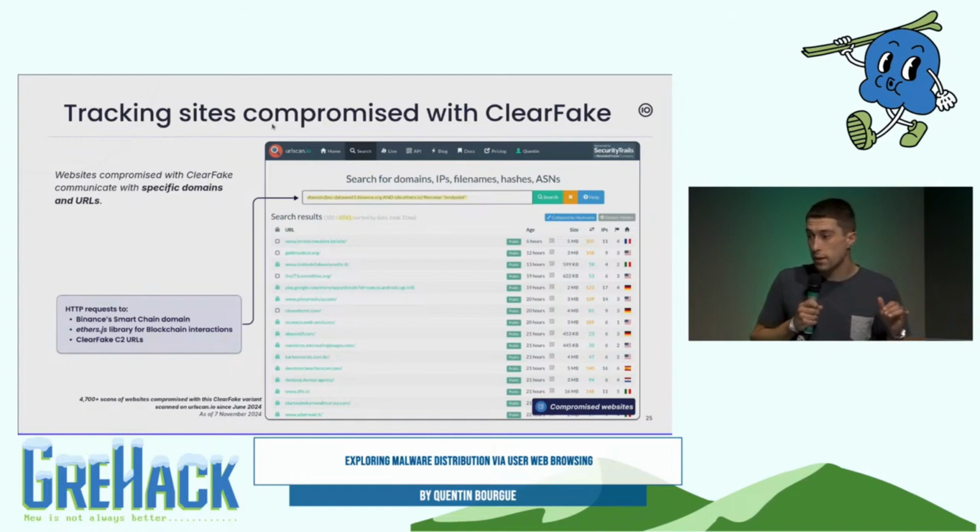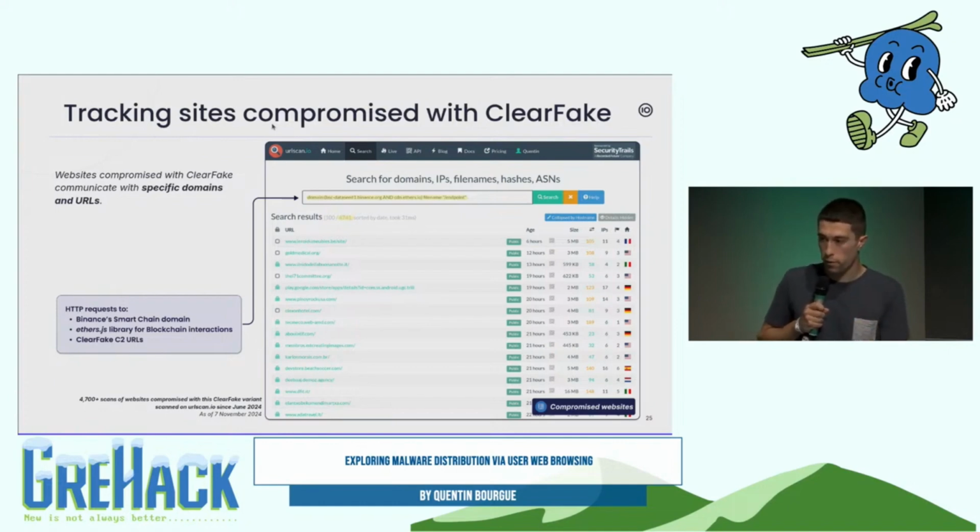By correlating these three characteristics, we can list every website compromised by GreHack and scanned by URLScan. As you can see on this slide, since June 2024, there are more than 4,700 websites which were compromised by GreHack and also scanned by URLScan.